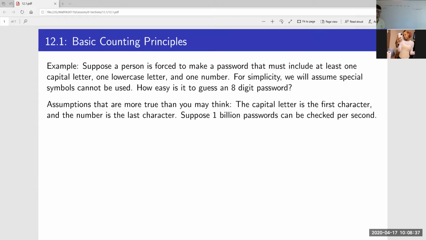So let's take it back and simplify things a little bit. We'll use our basic problem-solving concepts we talked about at the beginning of the semester.